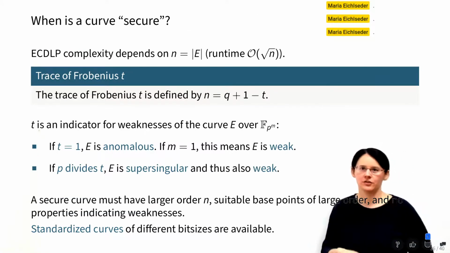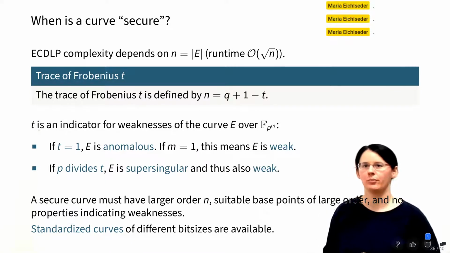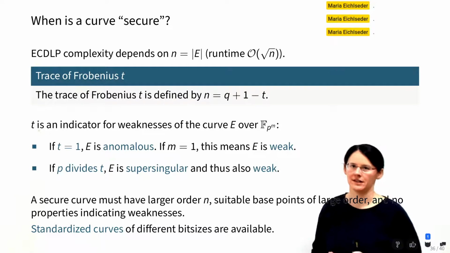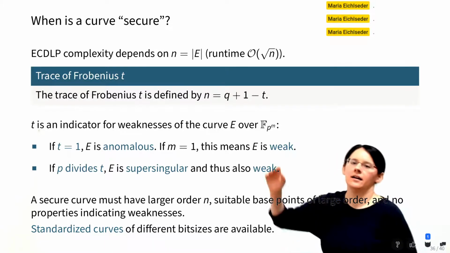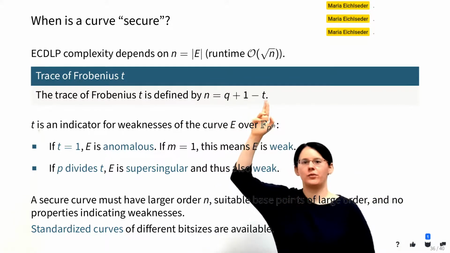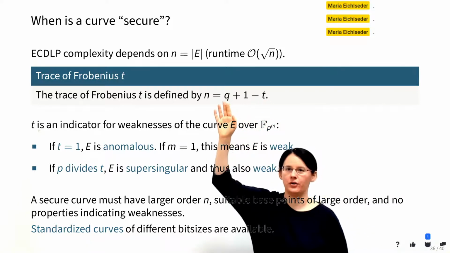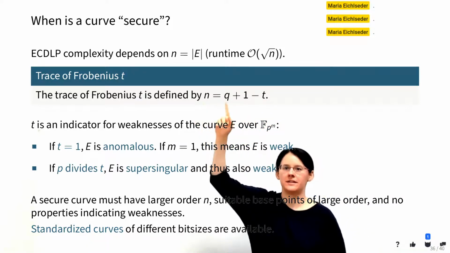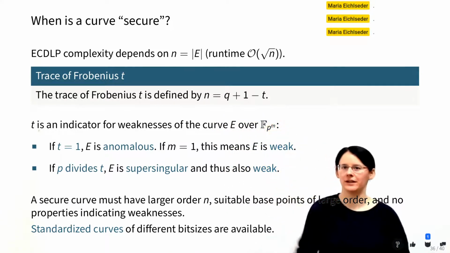These curves I mentioned already need to be secure. One of the things that tells us whether a curve is secure against certain attacks is the so-called trace of Frobenius. This is the number t that we already met before, and it describes how different the size of the curve is from the size of the field. And if this has very special values, then we have weaknesses.